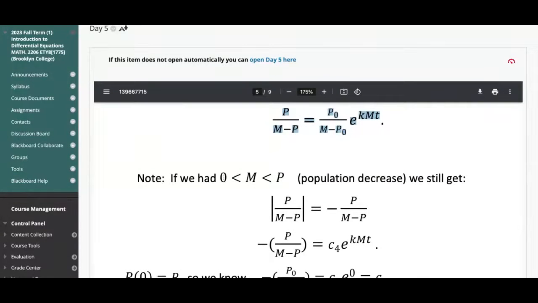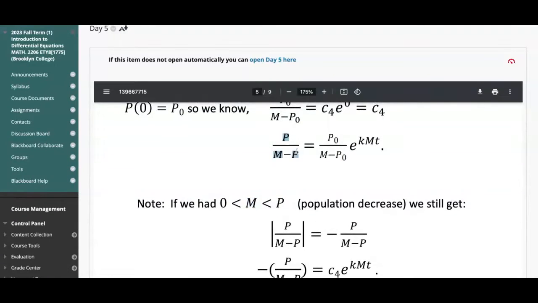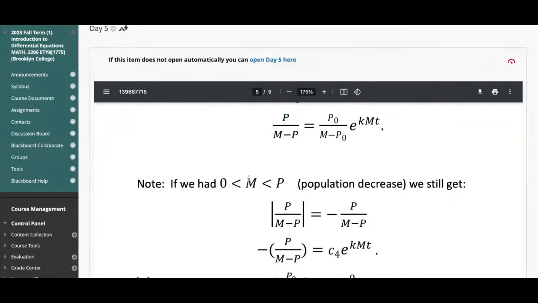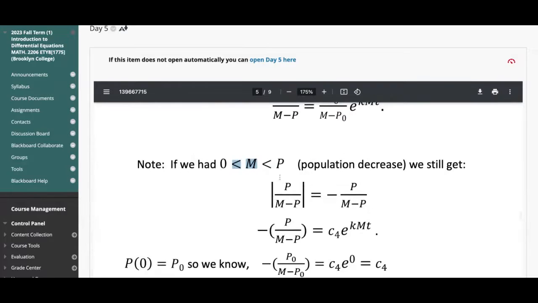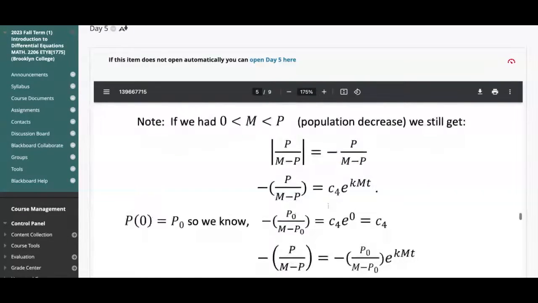Note here, this is for the case m greater than p. In case p is greater than m, then what do we have? The absolute value will be negative, because m minus p will be a negative value. So the absolute value of it is negative, negative becomes positive.